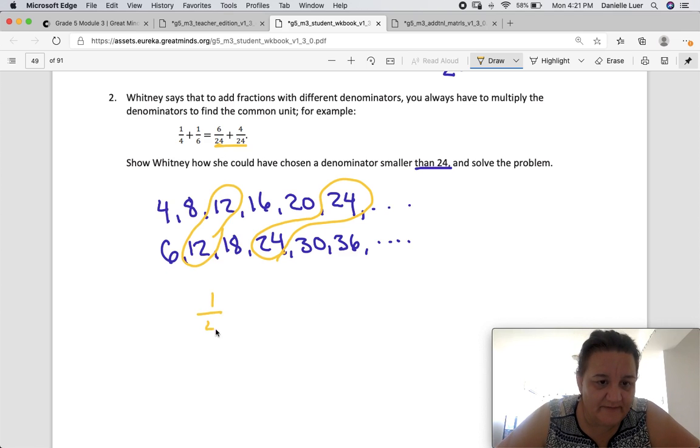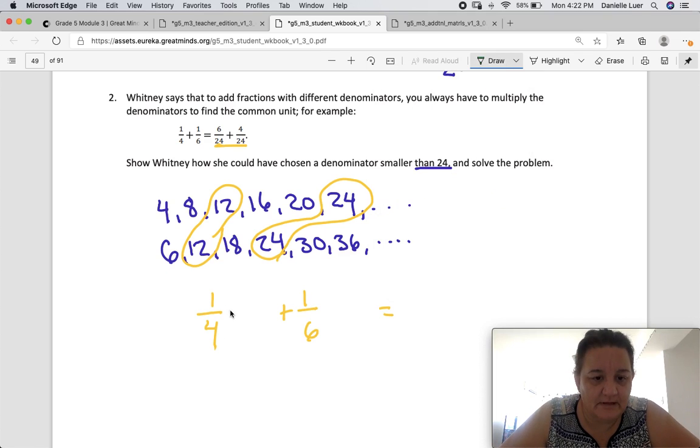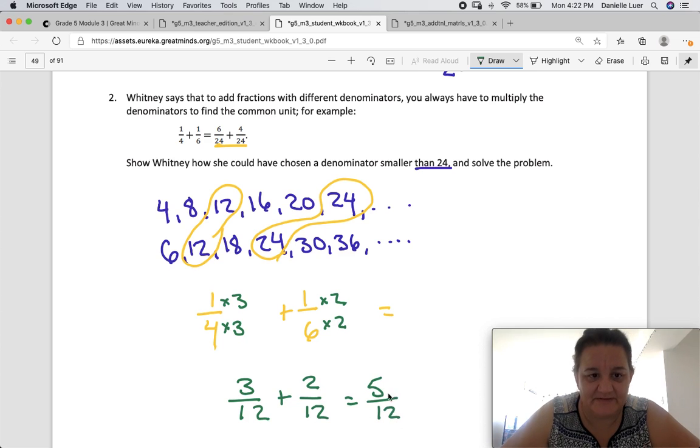So 1/4 plus 1/6, and if we showed that with our common denominator, here we said 3, and here we said 2, we've got 3 12s plus 2 12s equals 5 12s.